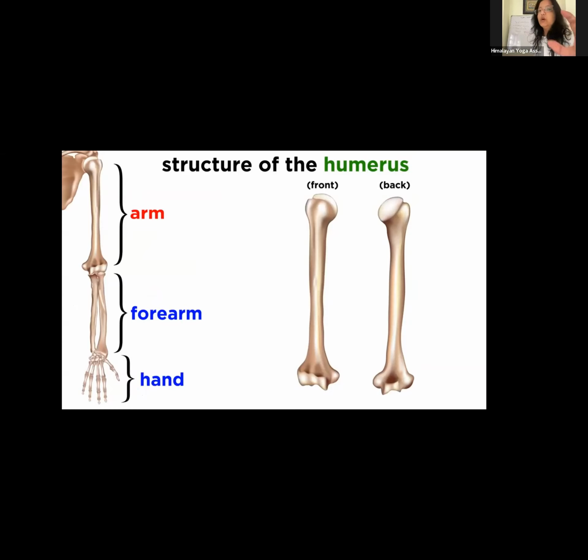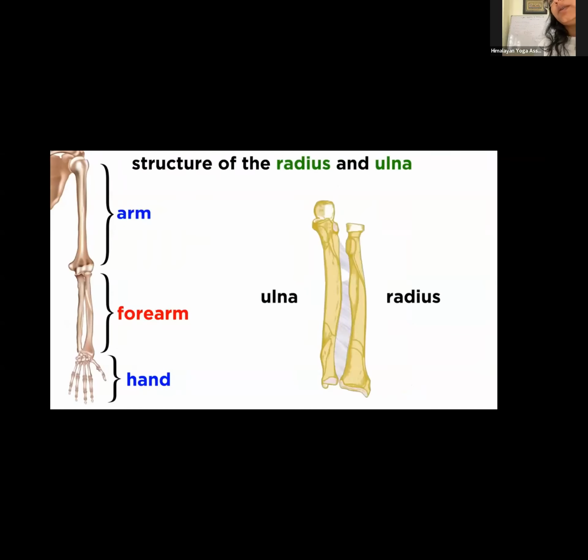Upper arm is actually called arm. And then we have forearm, which has 2 bones, and then we have hands, which has many, many bones. We'll study that. Please take screenshot. And then we have ulna and radius. You see the forearm, ulna and radius. Please take screenshot of that.